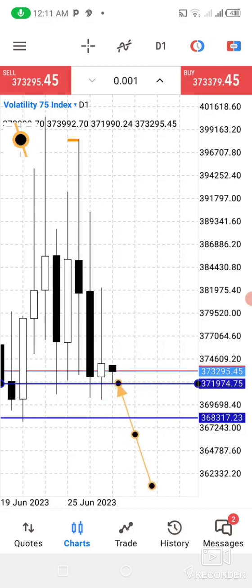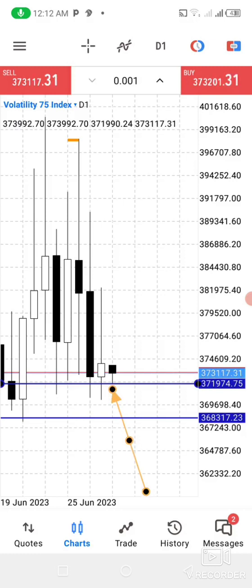Meaning that if this is a valid wick, then you are going to buy, believing that this is the valid wick for the day. So once price comes near here, we are talking about zero stop loss. It does not mean that the stop loss pip is zero, but that the stop loss pip approaches zero.